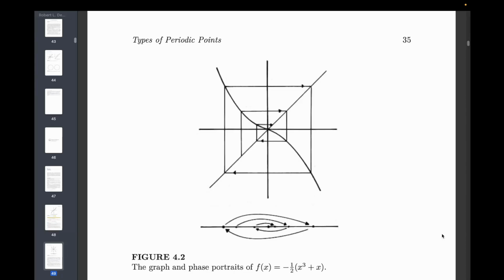And I don't think this is a very good example of what it looks like. I mean, this shows the picture, but you don't really understand why there are boxes moving around, why the line going through is x, the identity map, and also the function, which is negative 1/2 x cubed plus x. So I'm going to draw it again.